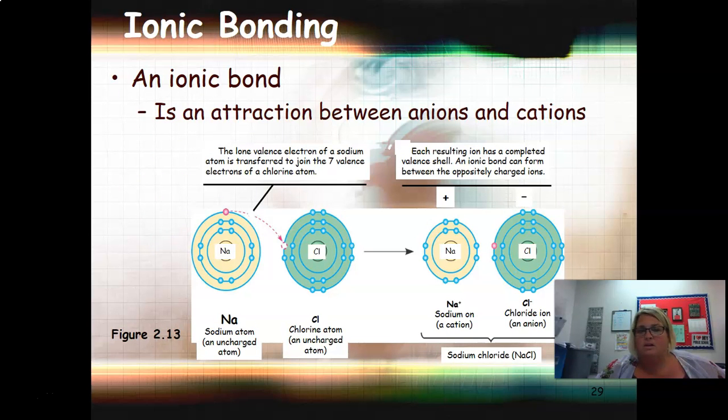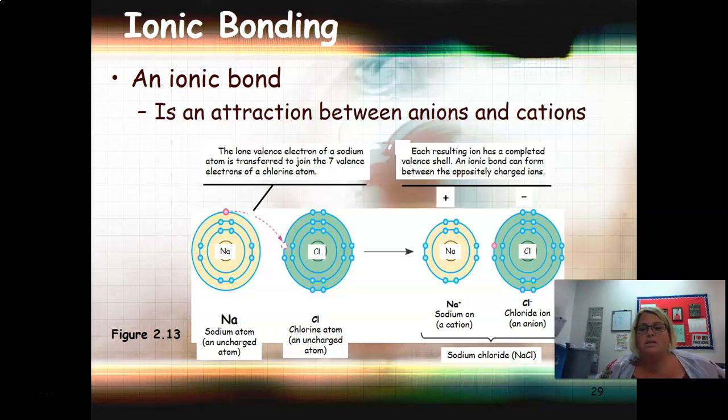Let's look at it a little closer. We know an ionic bond is the attraction between anions and cations. So when you look down at the picture, the lone valence electron of sodium is transferred to join the 7 of the chlorine. Sodium has 1 valence electron, chlorine has 7. In order to make that octet rule where chlorine is going to be happy, it needs 1 more electron.